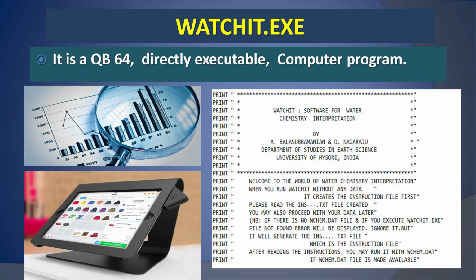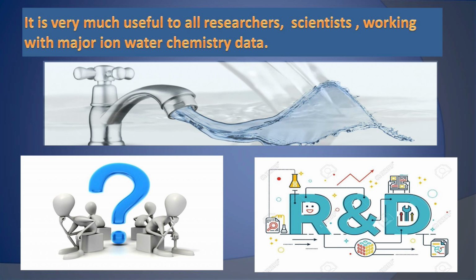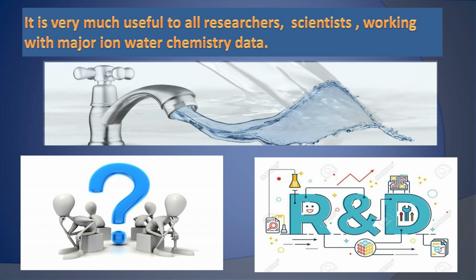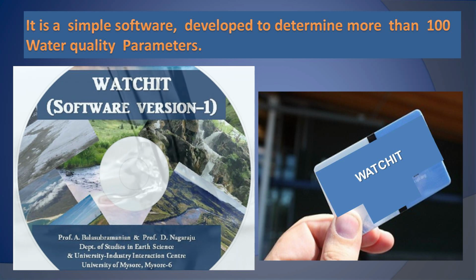Watchit is a QB64, directly executable, computer program, very much useful to all researchers and scientists working with major ion water chemistry data. It is a simple software, developed to determine more than 100 water quality parameters.